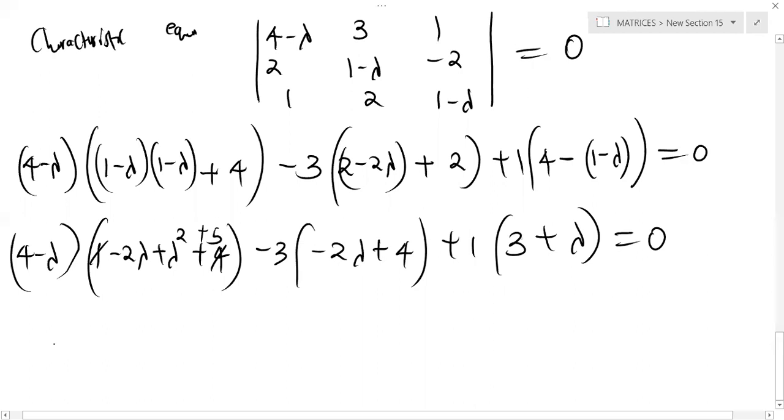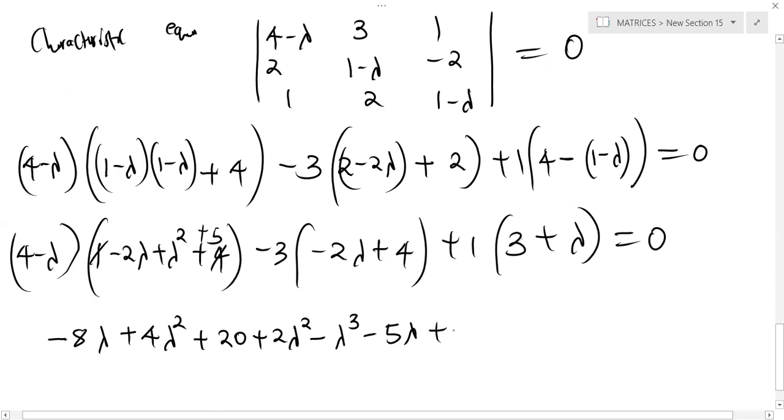So we will have minus 8 lambda plus 4 lambda squared plus 20. Let's open it with minus lambda. Minus will give me plus 2 lambda squared minus lambda cubed minus 5 lambda. We are here now. Minus will give me plus 6 lambda minus 12 plus 3 plus lambda is equal to 0.